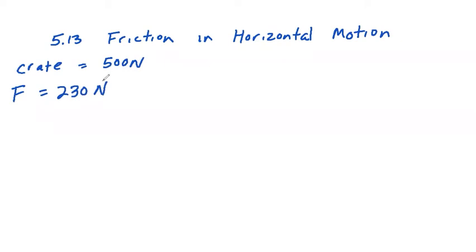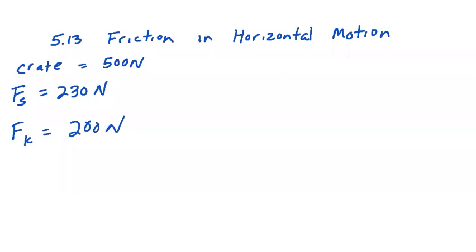Once the crate starts to move, you can keep moving it at a constant velocity with only 200 newtons. So F kinetic equals 200 newtons. What are the coefficients of static and kinetic friction?